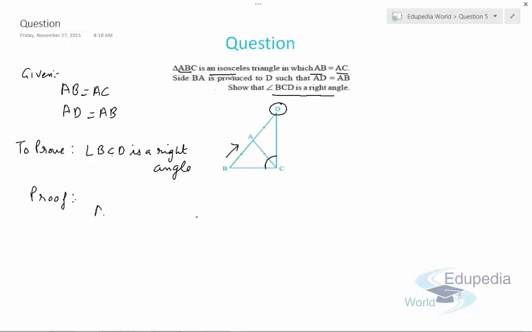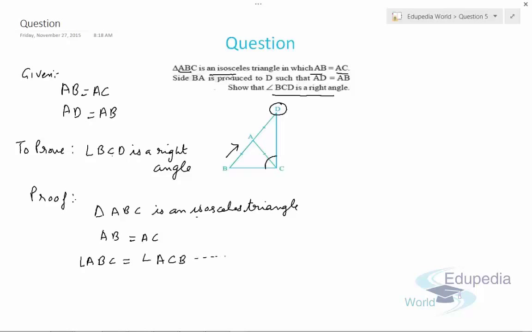Now the proof: ABC is an isosceles triangle, right? So it is given AB equals AC. If two sides are equal, then opposite angles are equal. So we can write angle ABC equals angle ACB. Why?